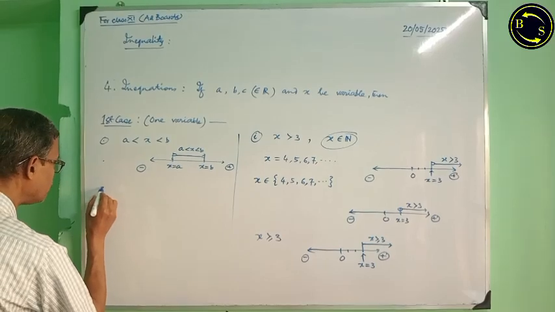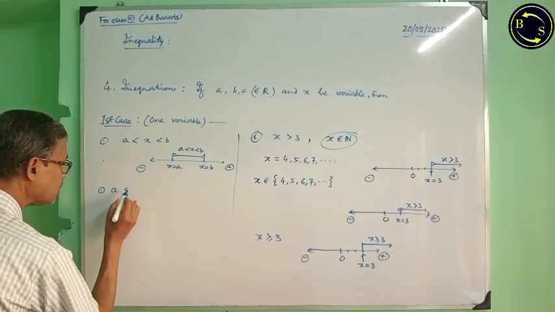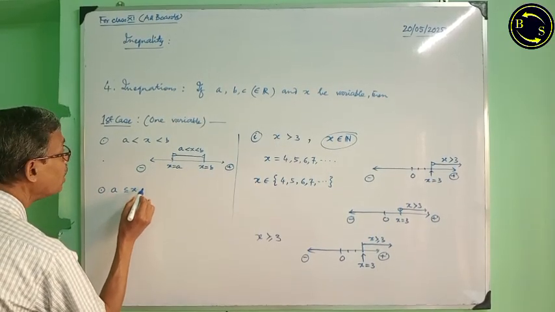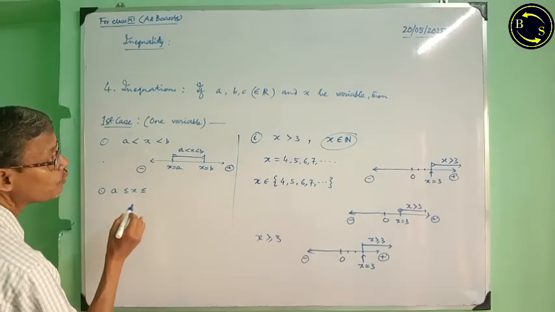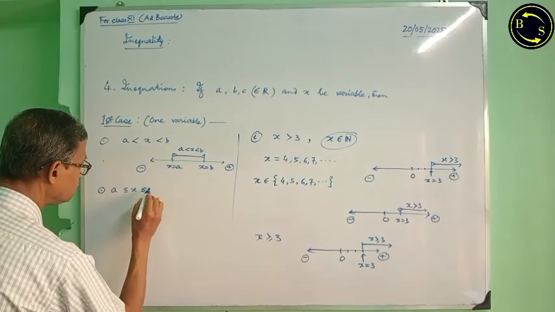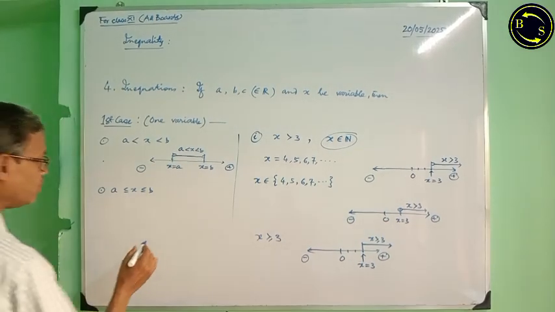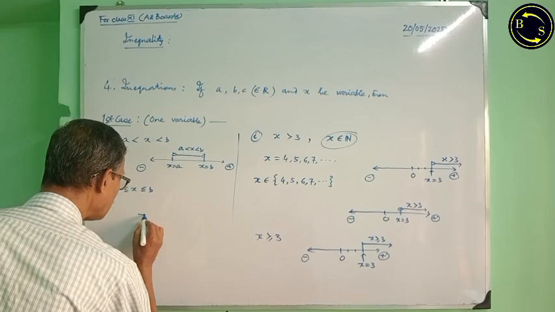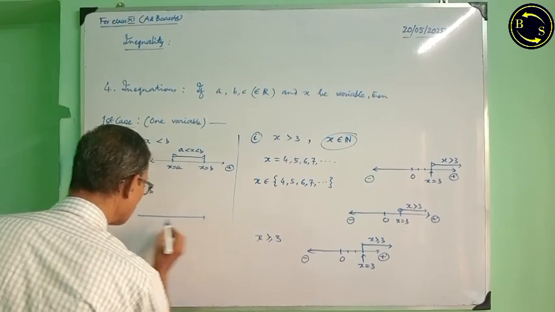Then we have a less than or equal to x less than or equal to b. This is represented on the number line.